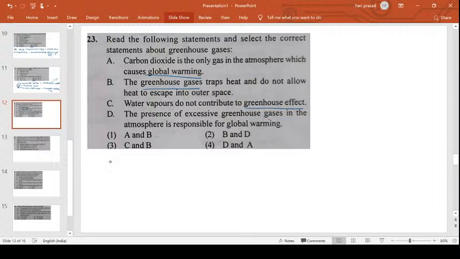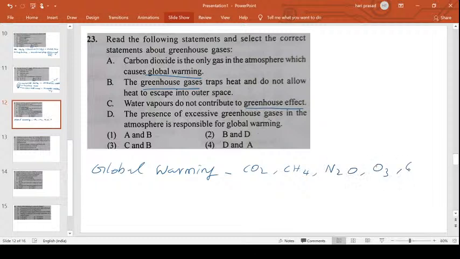Carbon dioxide, methane, nitrous oxide, ozone, CFCs, that is chlorofluorocarbons, which come from refrigerators, and then water vapor. These are greenhouse gases.